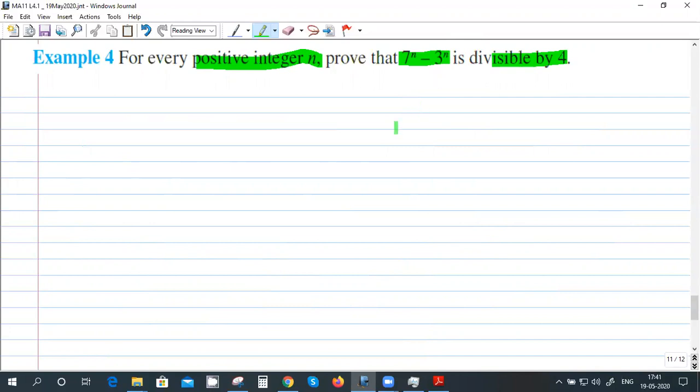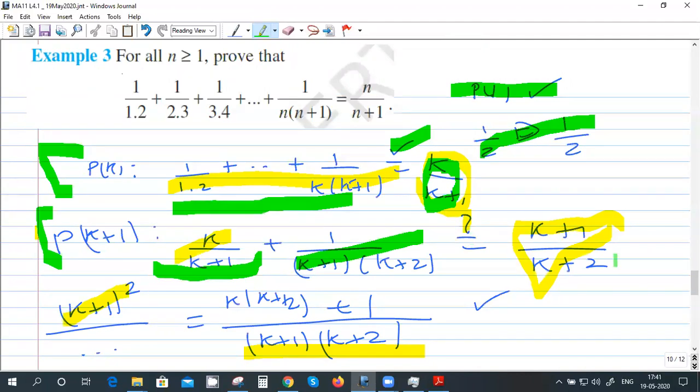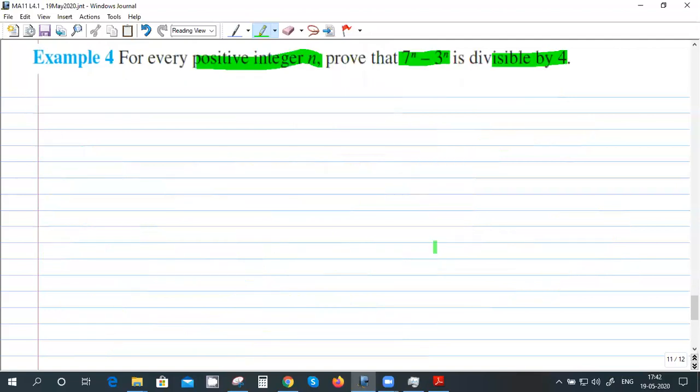Yes, sir. Then assume it's true for k. And then you have to check for k plus 1. Okay, sir. Just do that one. You just copy it.